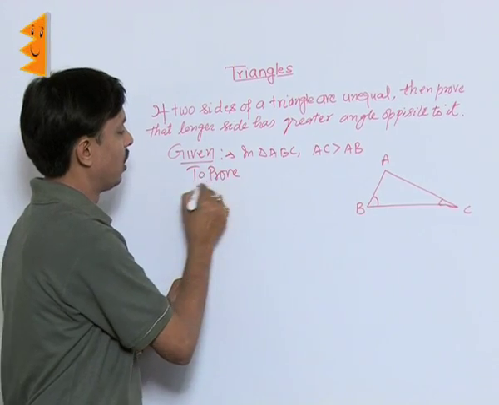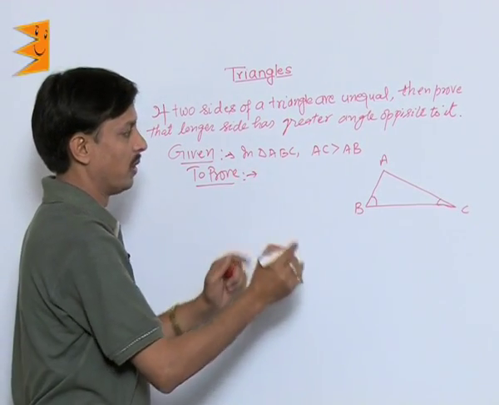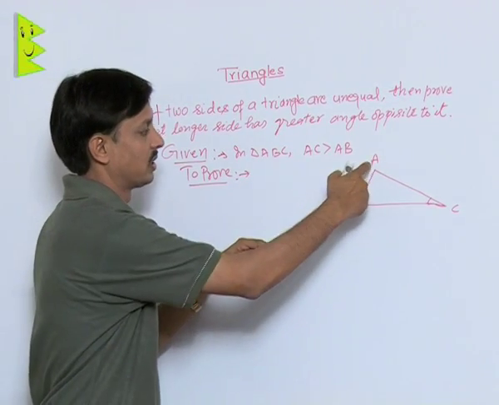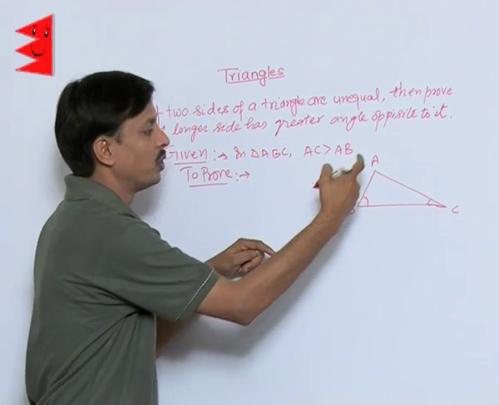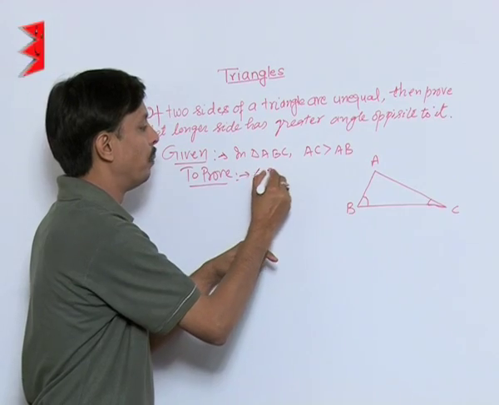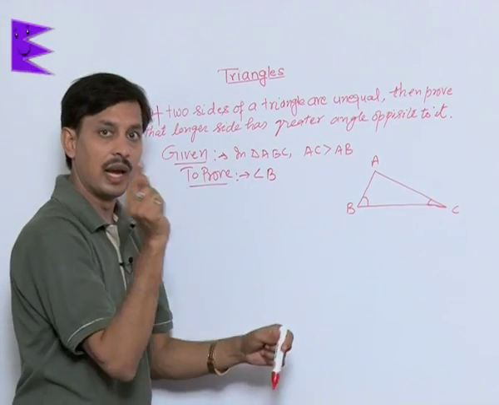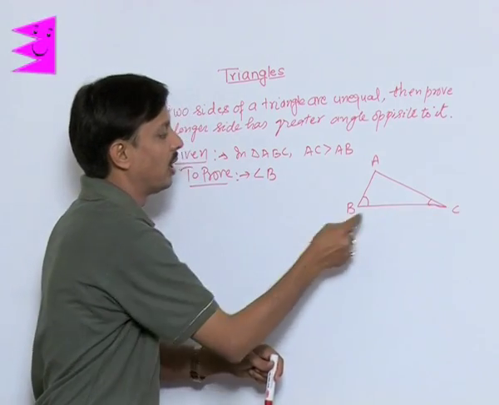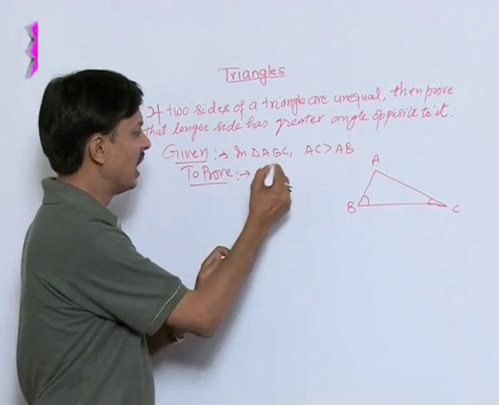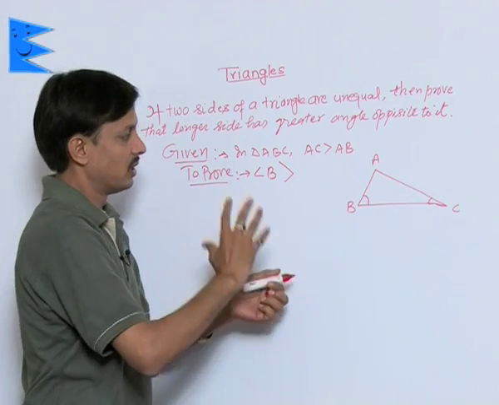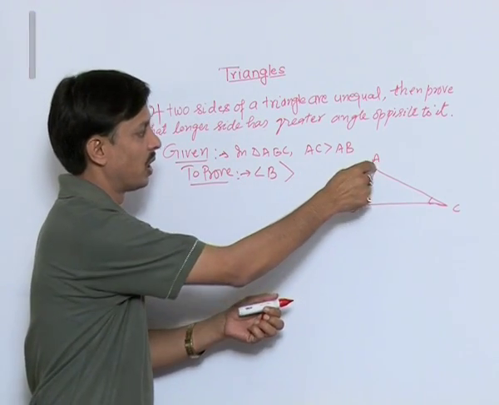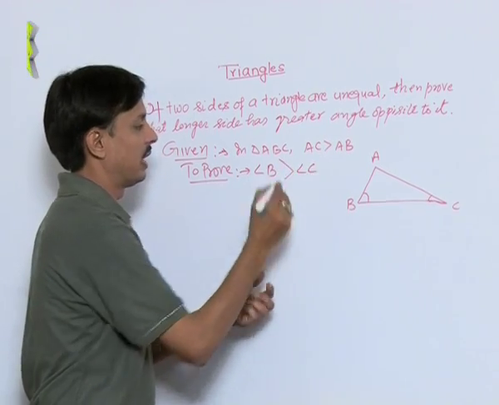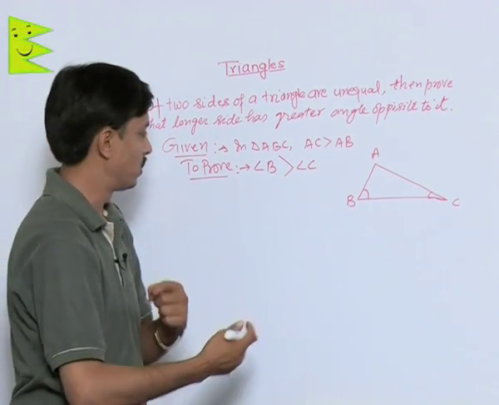We need to show that the angle opposite to the greater side AC, which is angle B, in shortcut and complete name angle ABC or angle CBA, is greater than the angle opposite to the smaller side AB. Opposite to AB is C. So angle B is greater than angle C. This much is required to show.